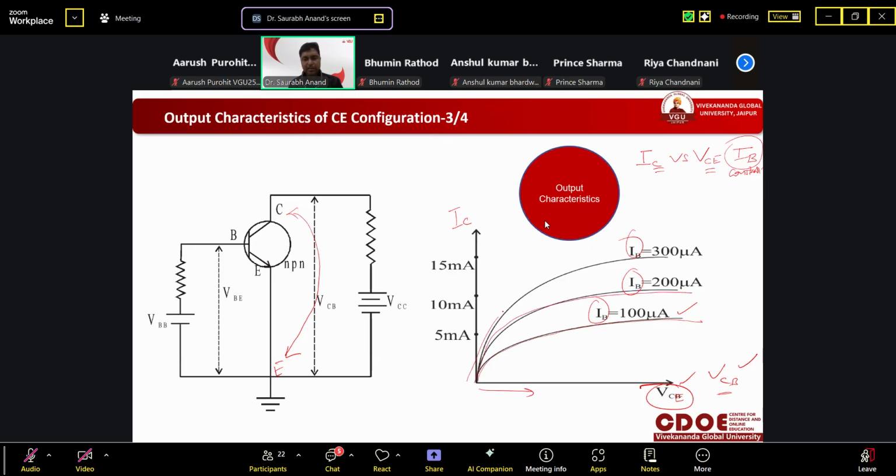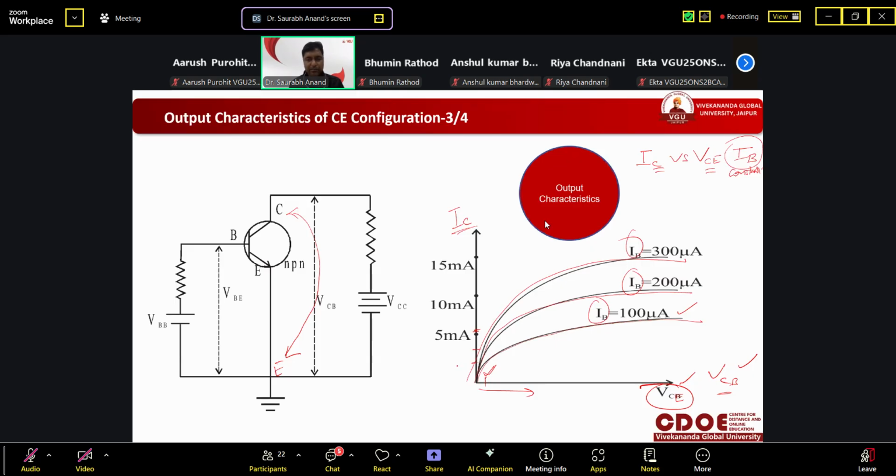But by increasing the input current, we get a higher value of output current at low voltage. You can see at this same voltage value, the value of current is different.